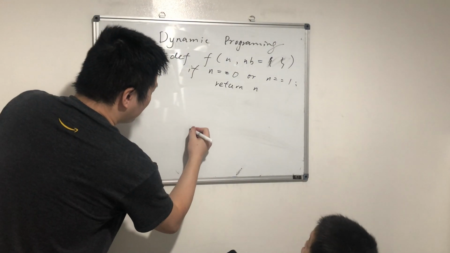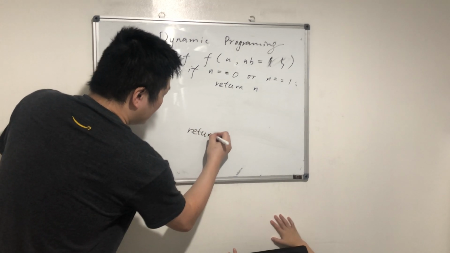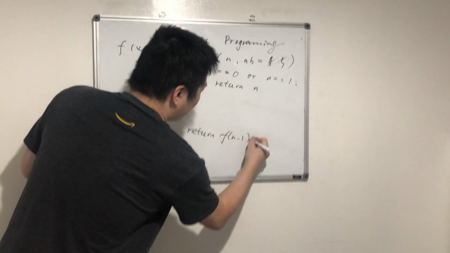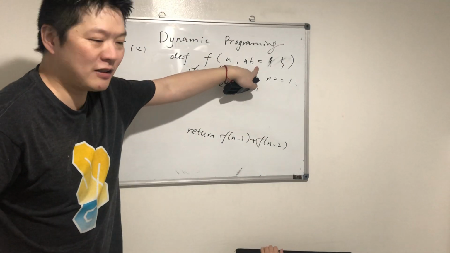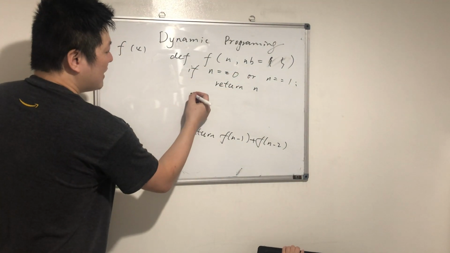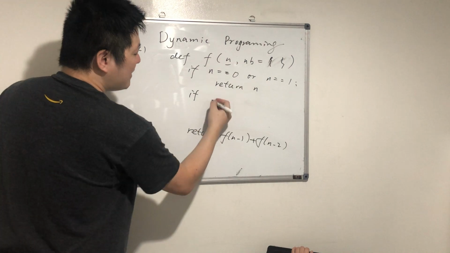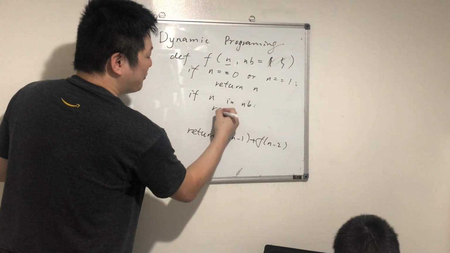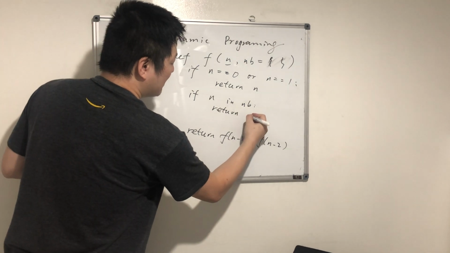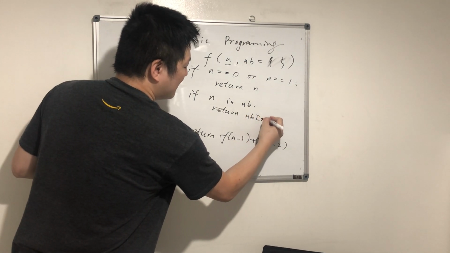Okay. Look. I do it right here. Return f(n-1) plus f(n-2). Okay. So now I want to put it. Look here. If n in notebook, return notebook[n].